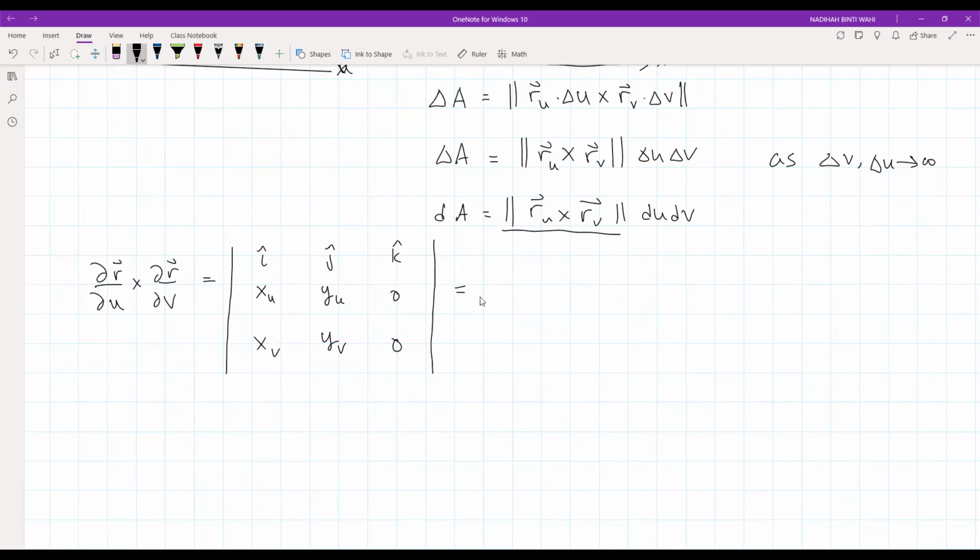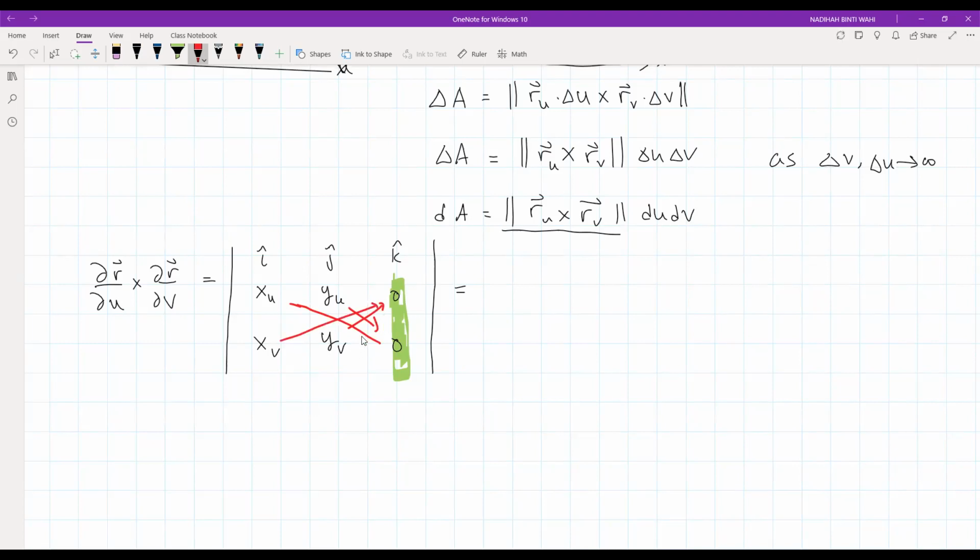So in this case, if you look at this part, this is 0. So meaning that if I take this determinant, for the i determinant it will be this times this, so it will be 0, and also this times that, it will be 0.